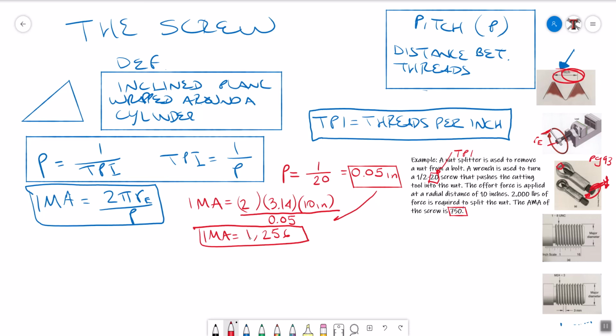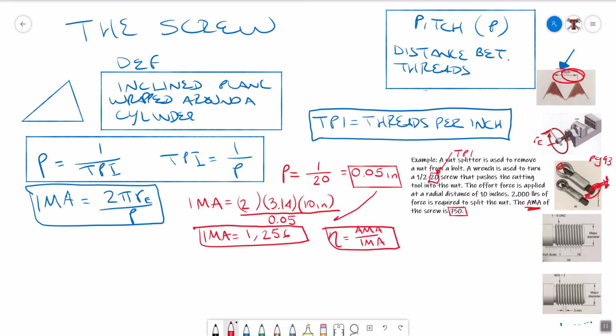In this case, IMA 1,256, which is crazy. They did tell us that the AMA, the actual mechanical advantage because of friction and losses and all that other stuff, is only 750. Well, only, that's still pretty big. So if I ask you for the efficiency, remember this little eta kind of a symbol is AMA divided by IMA.